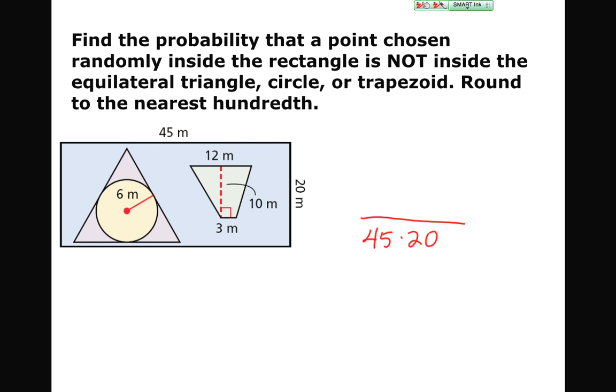Now be careful: if you take out the circle and the triangle, you're taking out the circle twice. So really you don't even have to worry about the circle. If you find the area of the triangle and subtract that, you're automatically subtracting the circle. And then the area of the trapezoid.